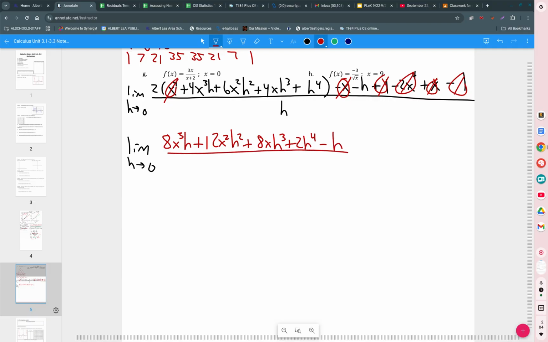All over h. Does everything that's left have an h? So we could divide an h out. We're almost done. Limit as h goes to 0. If I divide the h out, what am I left with? 8x to the 3rd, plus 12x squared h, plus 8xh squared, plus 2h cubed, minus 1.